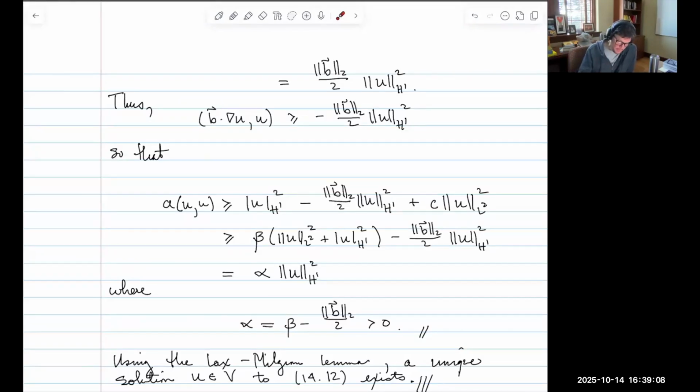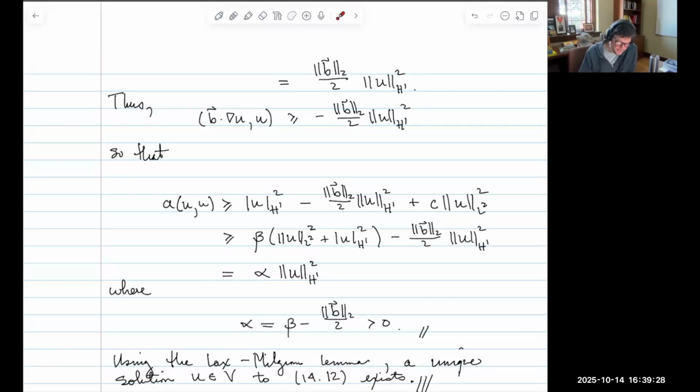Okay, so I'm going to combine these two terms together and look at what I've got there. Well, one of these two coefficients out front, 1 and c, is going to be the smaller of the two. And I'm just going to call beta the smaller of those two constants.